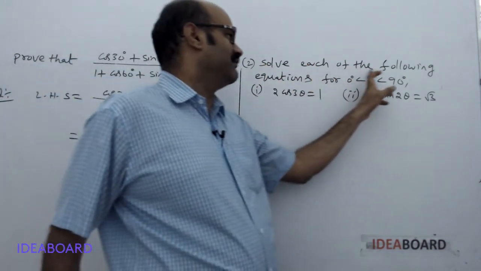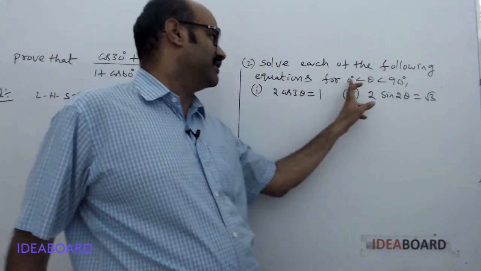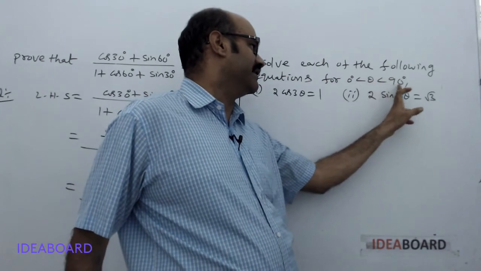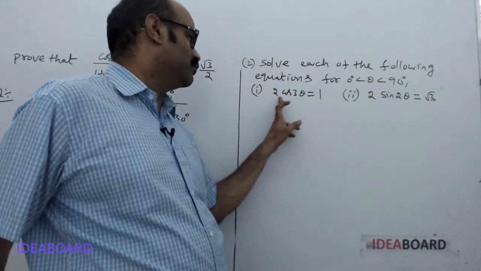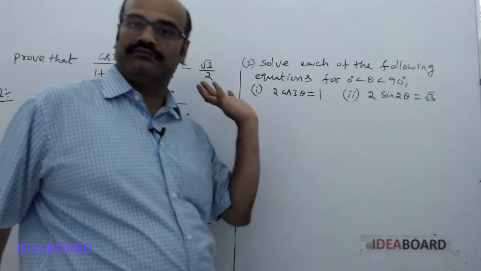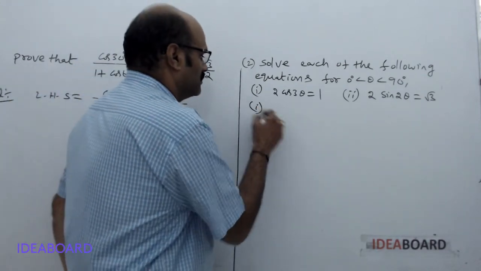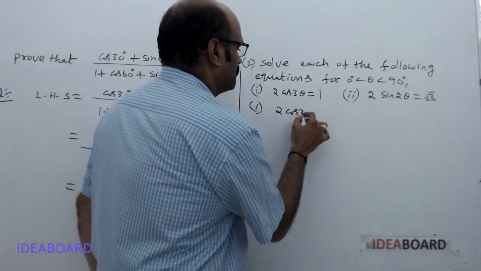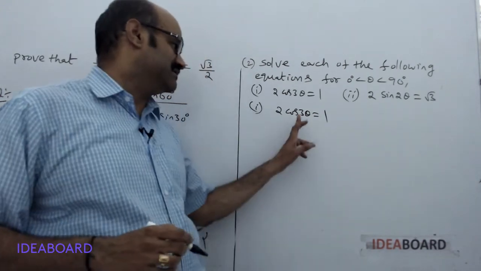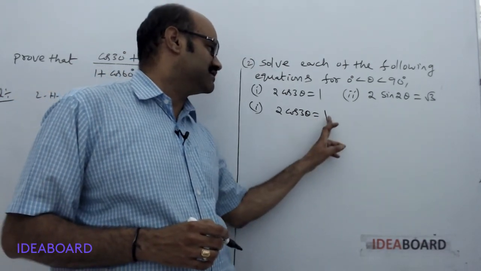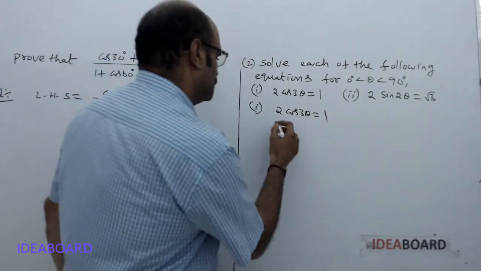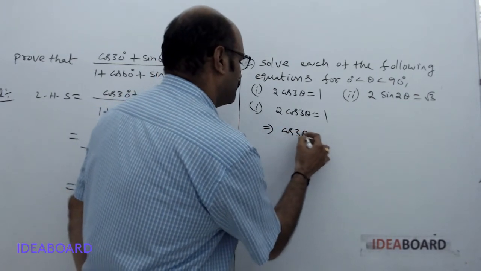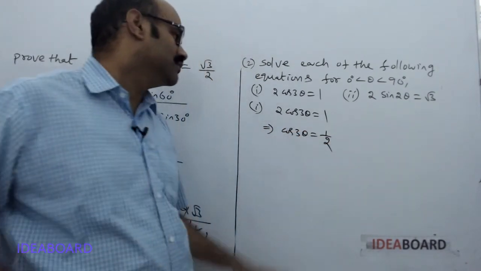Second problem: solve each of the following equations for 0 degrees less than theta less than 90 degrees. First problem, 2 cos 3 theta equals 1. Here cos 3 theta equals 1 by 2.